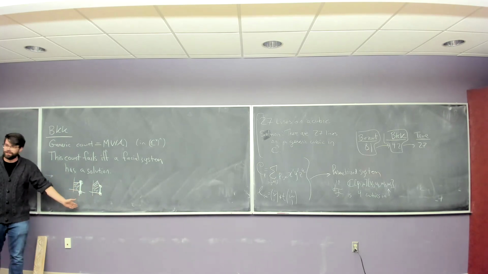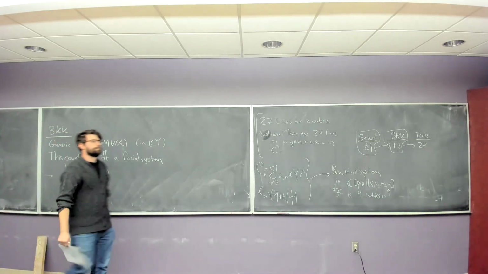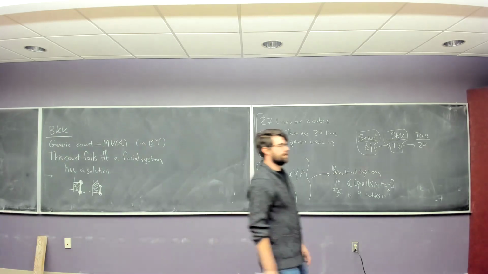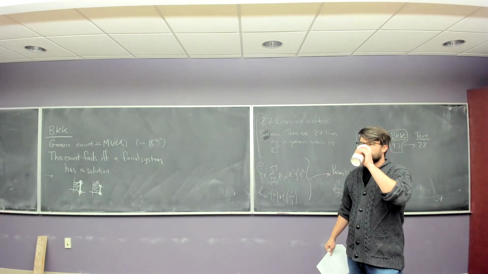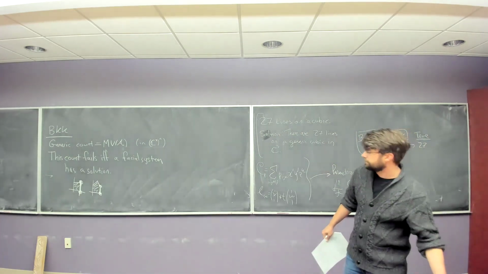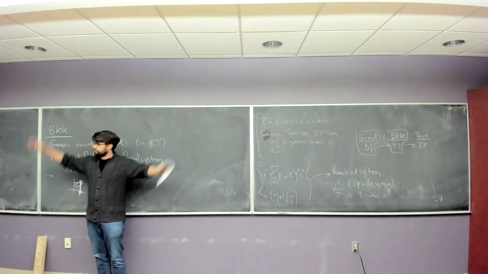This is essentially two equations in one variable over the terms. But if they do have solutions, that's why BKK is failing. If none of them have solutions, then BKK holds, counting multiplicity. Facial systems have solutions when there are solutions on the boundary.